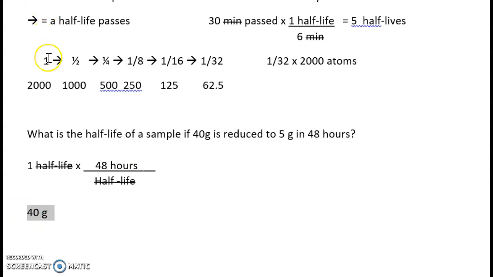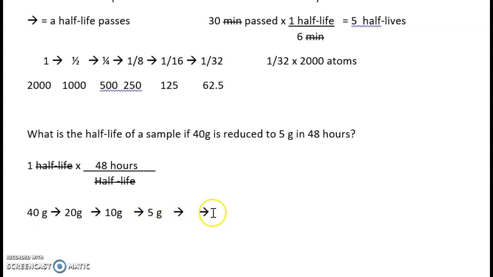After a half-life goes by, and I'm just putting a bunch of half-life symbols here, I don't know how many we're going to need, but we have to reduce 40 grams to 5 grams. The first half-life is going to reduce it to 20 grams. The second half-life is going to reduce it to 10 grams. And the third half-life is going to reduce it to 5 grams. Well, we've made it. We don't need these additional half-lives.